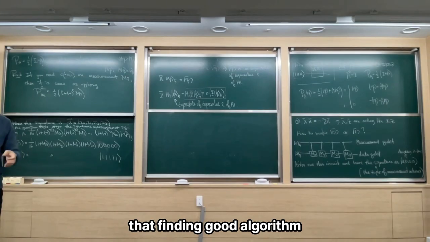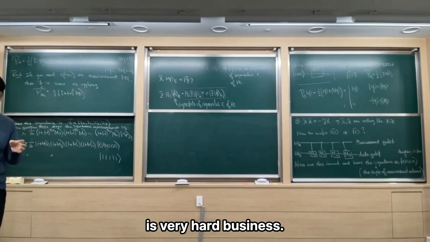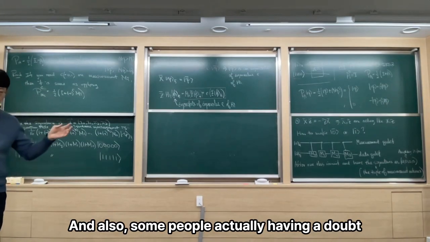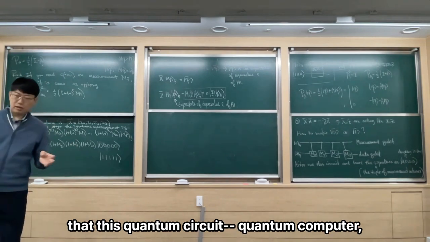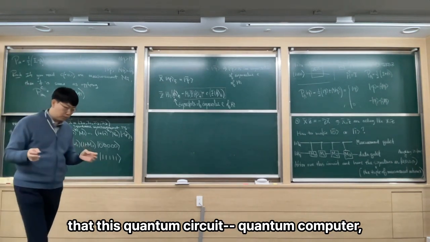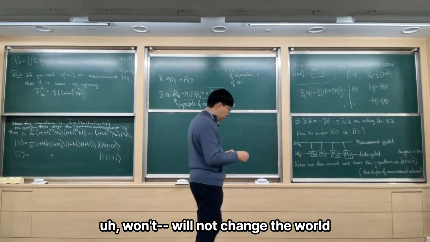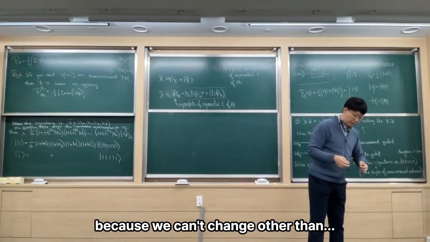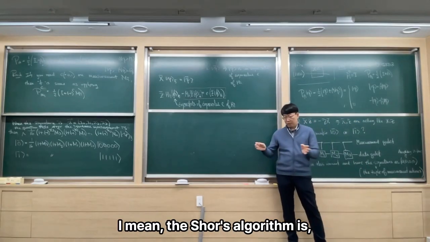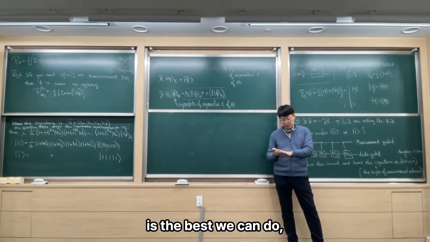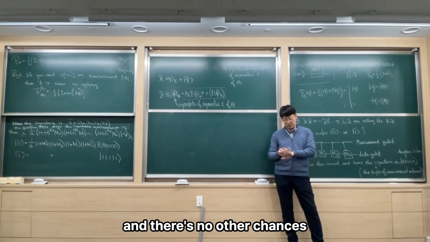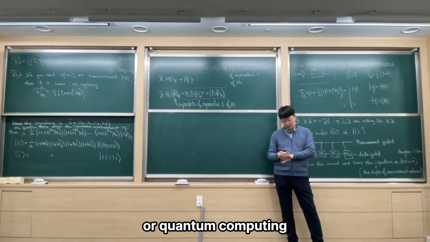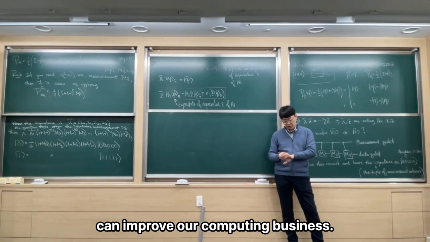So it kind of means that finding a good algorithm is very hard business. And also some people actually have doubts that quantum computers will change the world, because Shor's algorithm is the best we can do, and there are no other chances that quantum computing can improve our computing business.